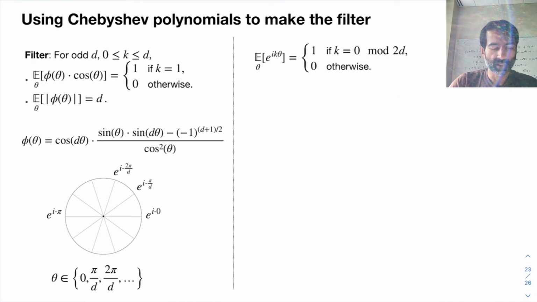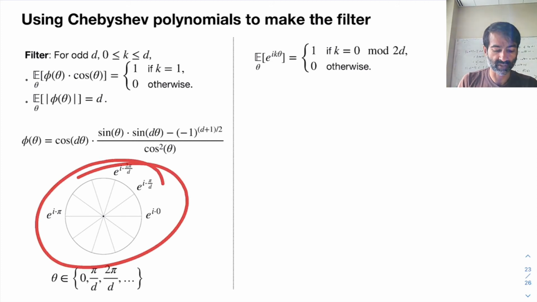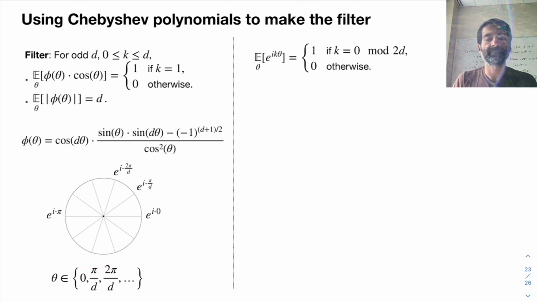Now, to explain the intuition for the construction, a basic observation is that the expectation over theta of e to the i k theta is 1 if k is equal to 0 modulo 2d for this choice of theta, and 0 otherwise. This comes from writing this expectation as a geometric sum. That's one way to check it.